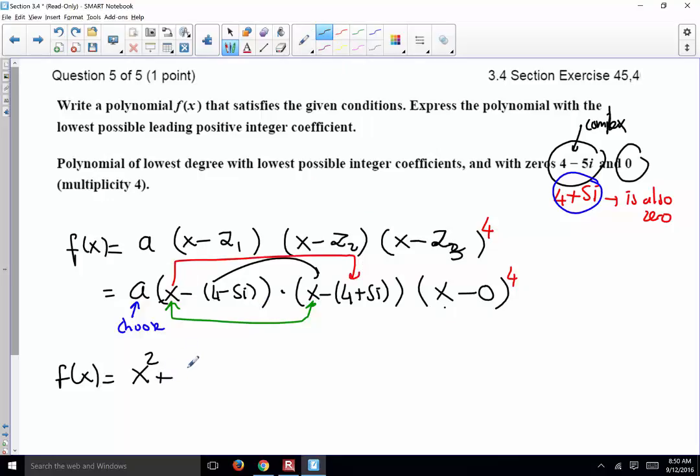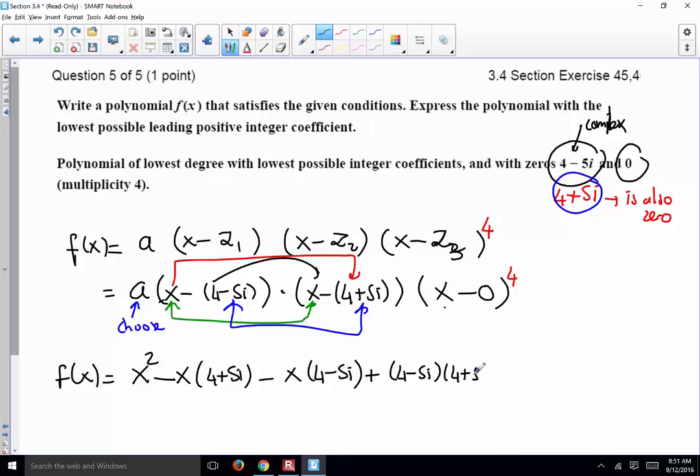It's actually minus x times 4 plus 5i. And then I, inside terms, minus 4 minus 5i times x, so it's minus x times 4 minus 5i. And then L, last terms, minus times minus is plus, 4 minus 5i times 4 plus 5i.